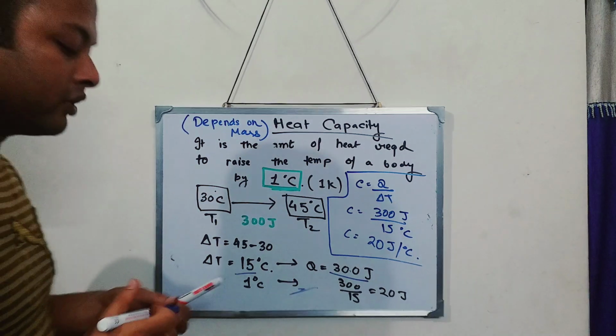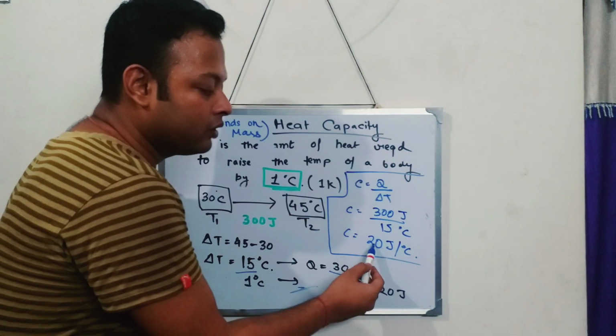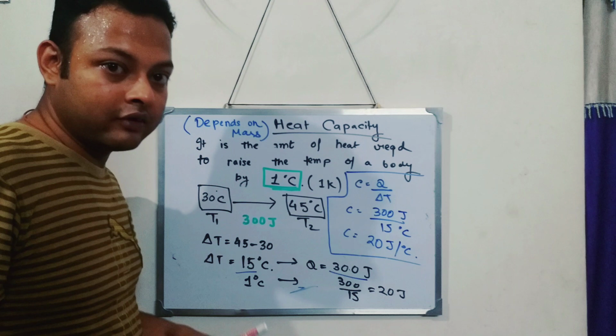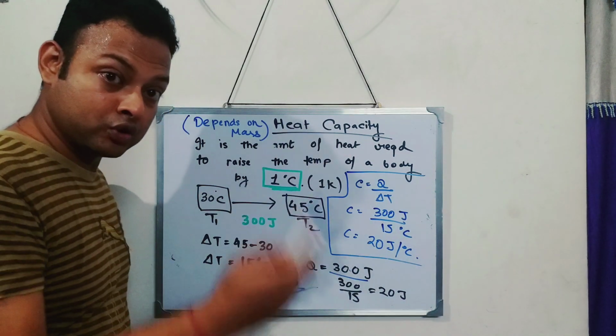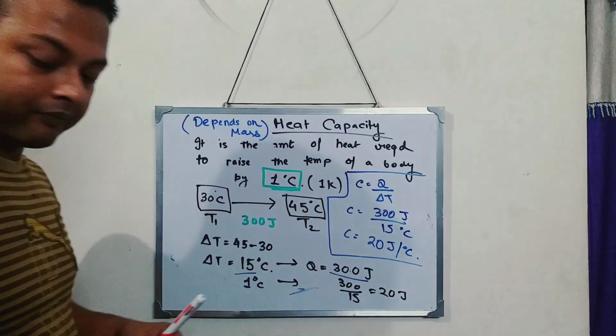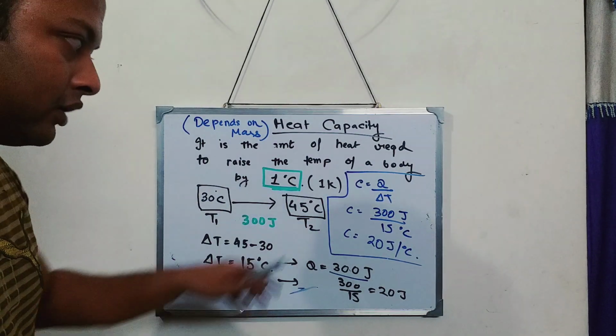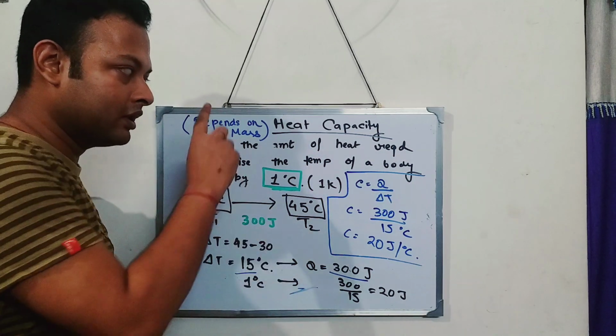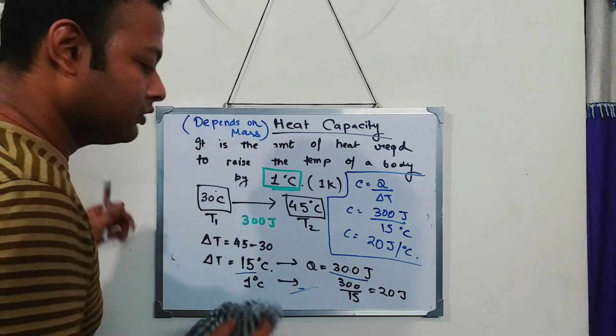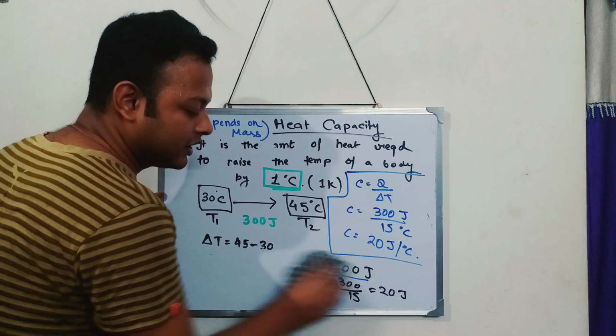If the mass of the body is very big, then it might not be 20, it might be 200. If the body is very, very big, it might be 20,000 joule per degree. I'll get into this in more detail once I teach you specific heat capacity. Then I will compare and explain heat capacity and specific heat capacity.